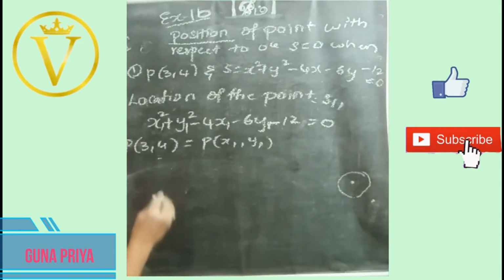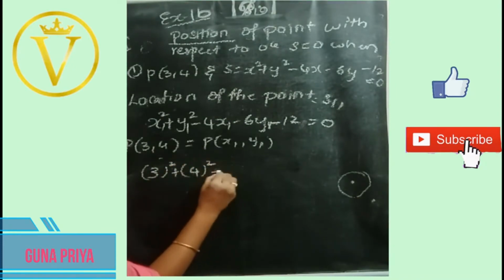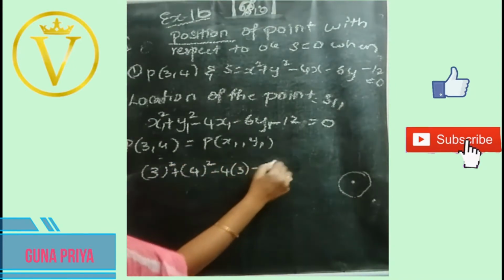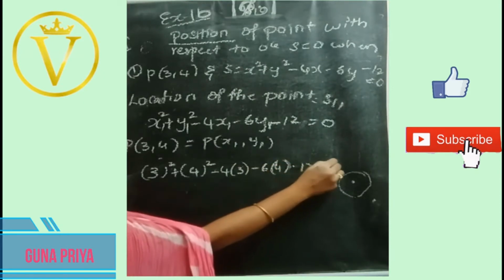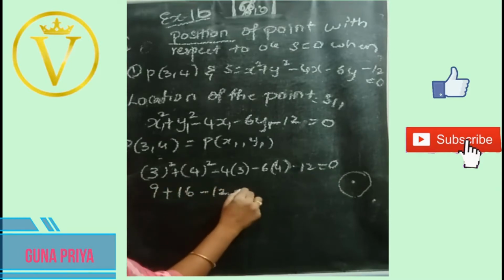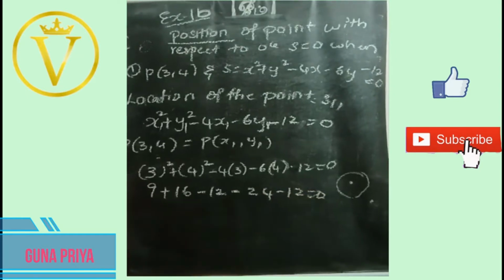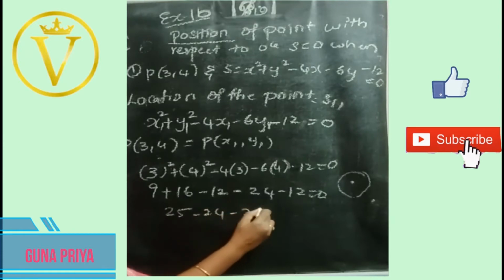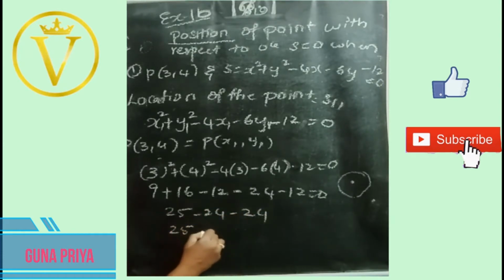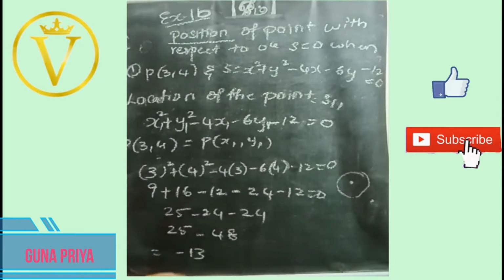Now substitute x1 as 3 square, y1 as 4 square, minus 4 into 3, minus 6 into 4, minus 12. 9 plus 16 minus 12 minus 24 minus 12. So 25 minus 48 equals minus 13. Is it less than 0 or greater than 0?